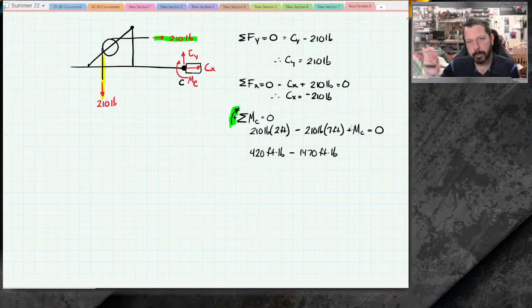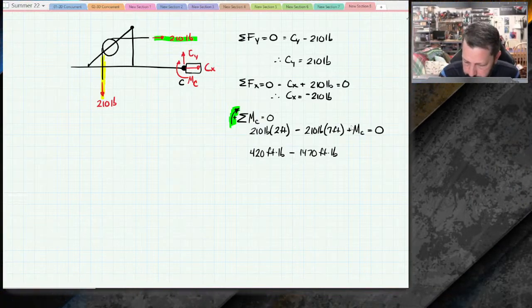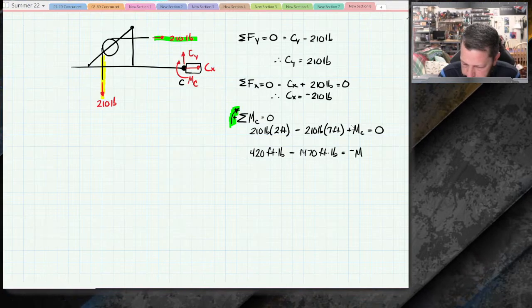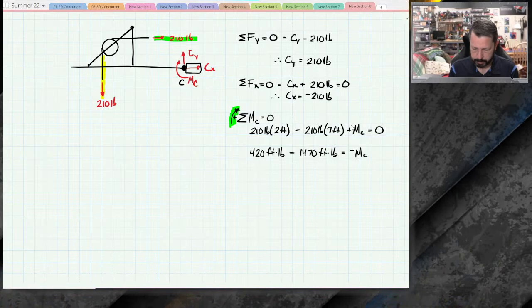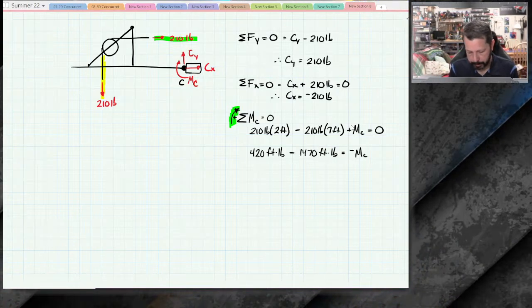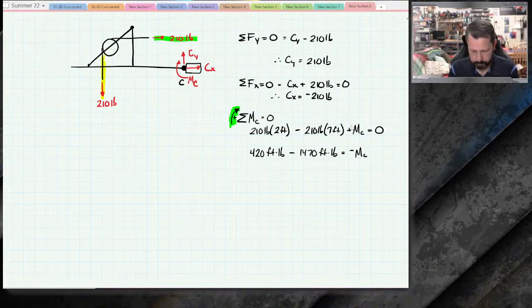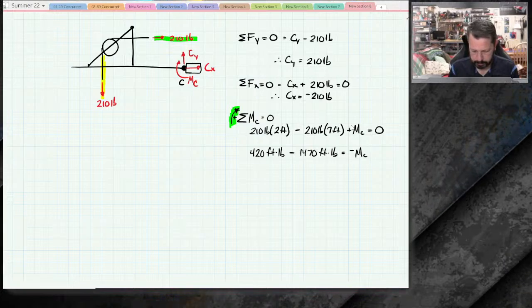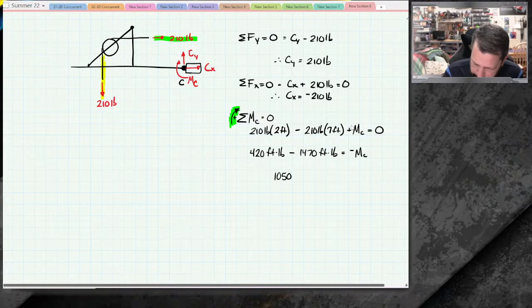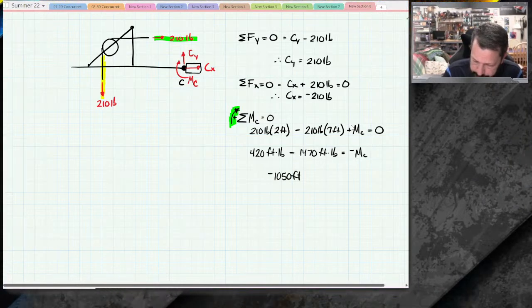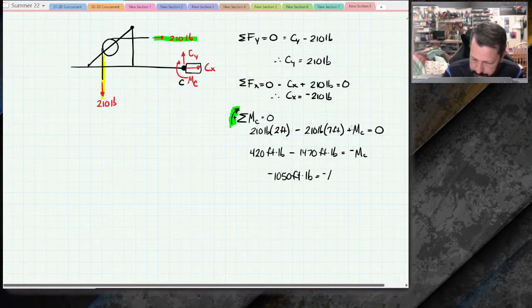I'm going to move moment at C to the other side of the equal sign, so it equals negative moment at C. So negative 1470 plus 420 is, what does that equal? 1050 foot-pounds, or negative 1050 foot-pounds, equals negative MC.